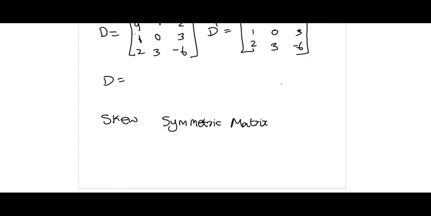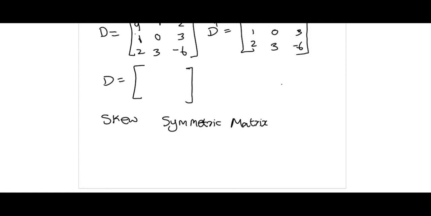So I'm going to have a matrix. In most cases, you might not be asked to find a skew symmetric matrix, but for the purpose of knowledge, I think it's important that we have a basic idea of what skew symmetric matrix talks about.